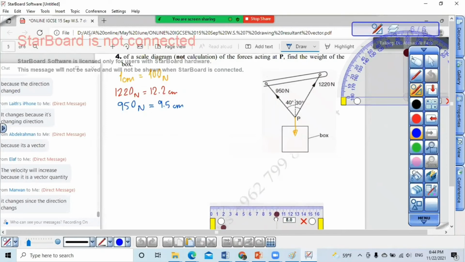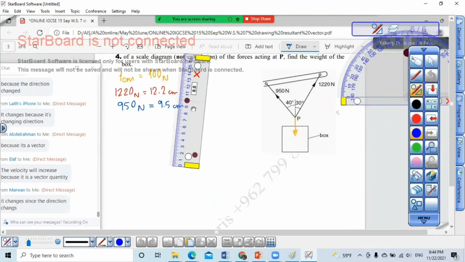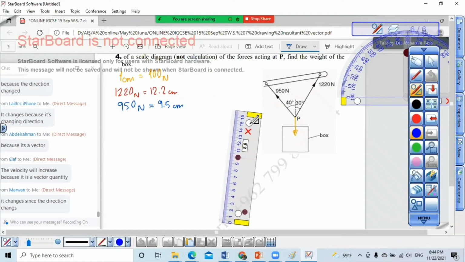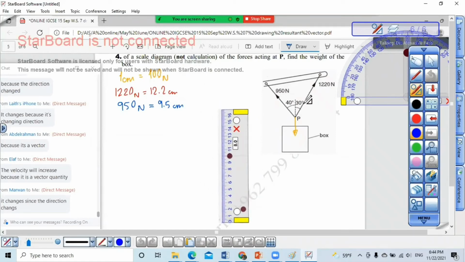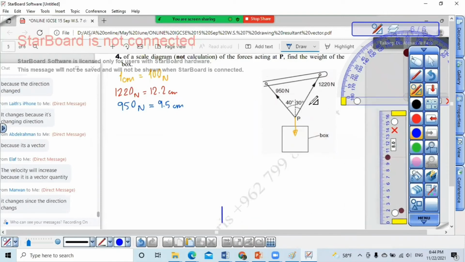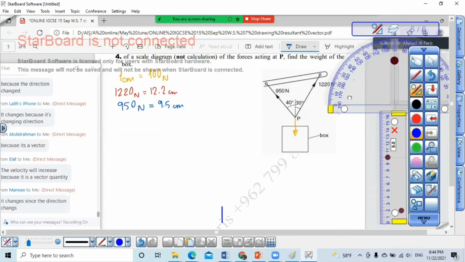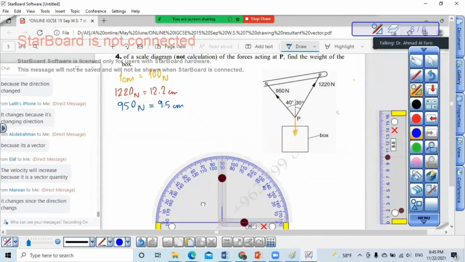Now, I will draw two forces, but I have to make sure that my resultant is vertically upwards. So from the vertical line, as they give us, I'll draw the force of 12.2 centimeter at 30 degrees to the right.